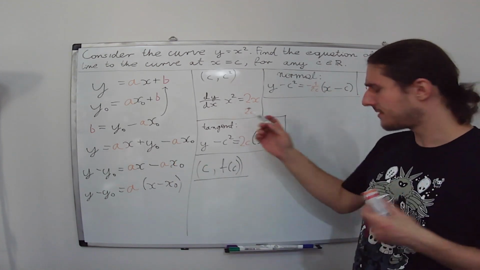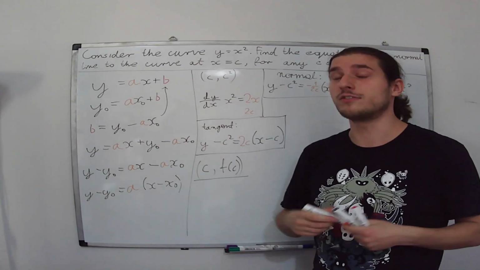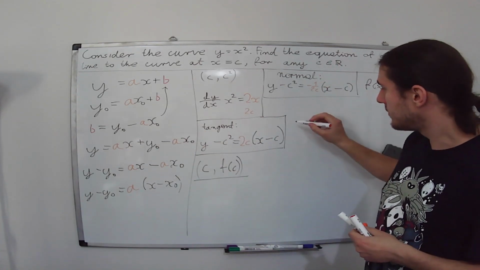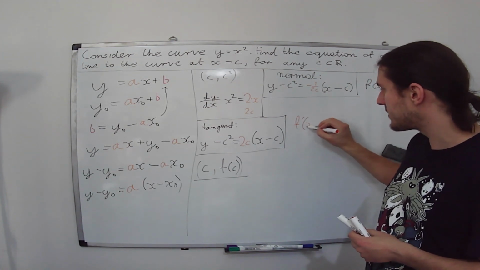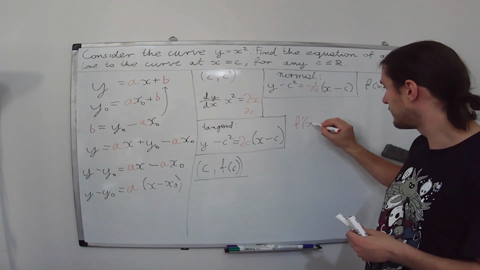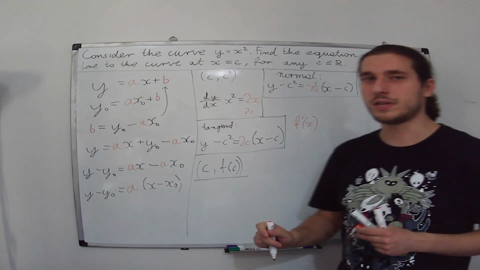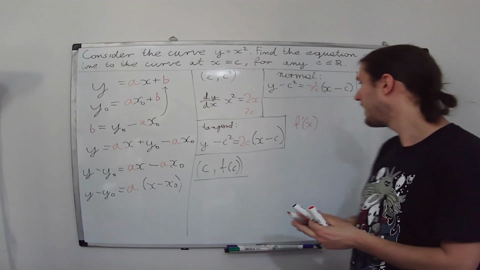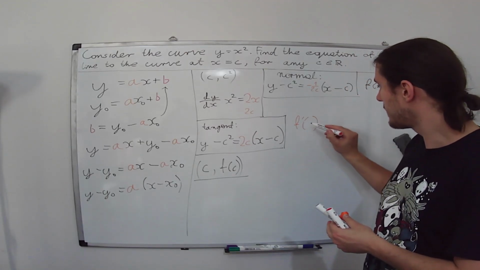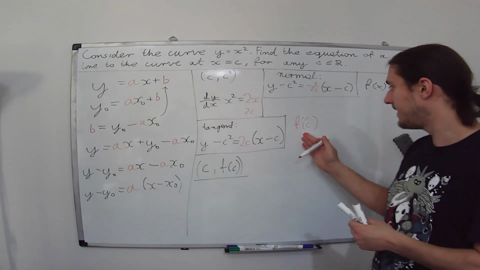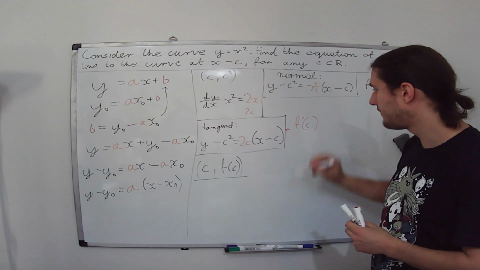So in fact, the gradient of the tangent of any given function will be the first derivative of that function, right? This will be the gradient of a tangent. And since we're using x equals c, this will be our gradient for our tangent, right here.